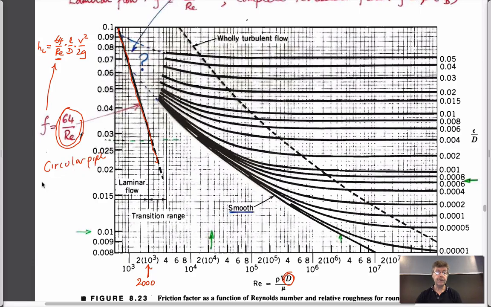We'll find out that for non-circular pipes, we can represent the friction factor as some constant over Reynolds number that isn't 64, but will be maybe close to it, maybe not. As we get higher velocities, all of a sudden, as you say here, the transition, so this is a transitional regime.